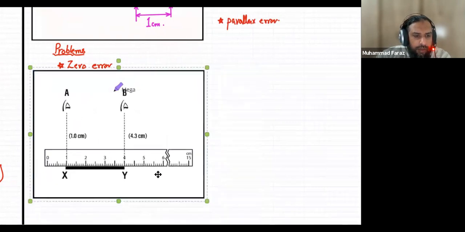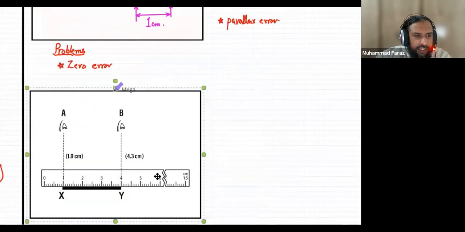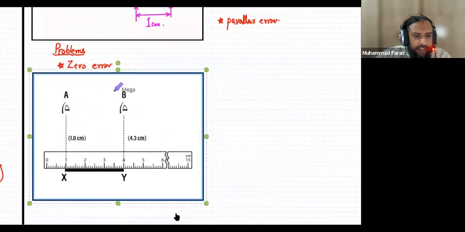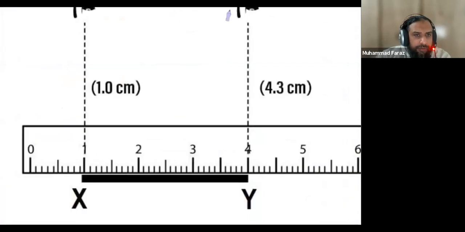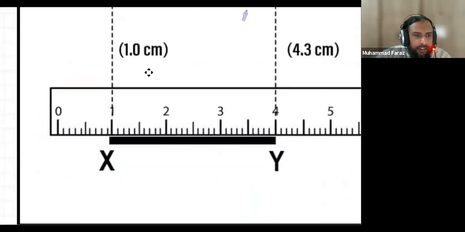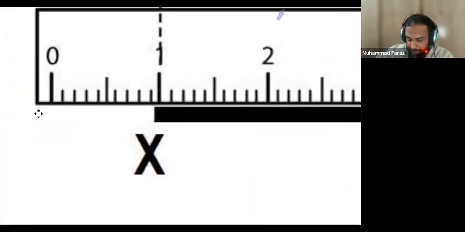Look, if I measure something using this scale, don't mind this thing over here. This is where the scale is starting from, and this is where the readings are starting from.